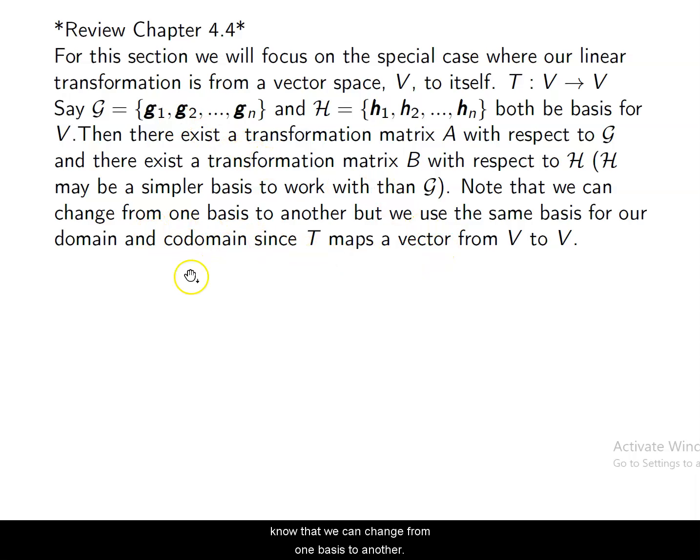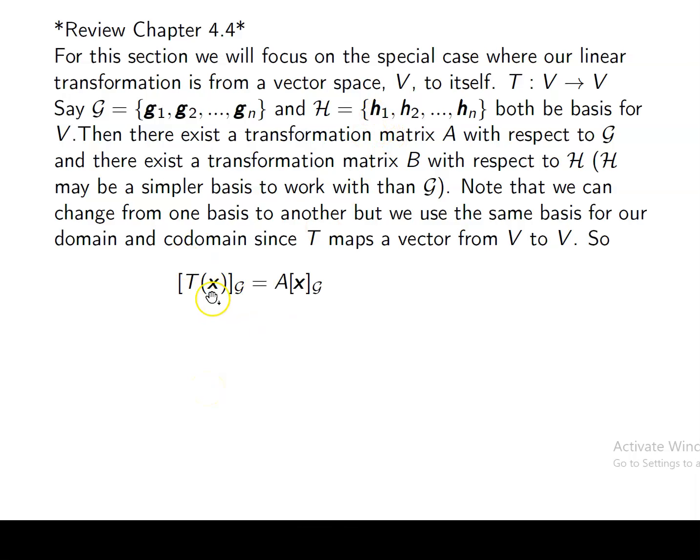So note that we can change from one basis to another, but we use the same basis for our domain and codomain since T maps a vector from V to V. We can either look at this transformation in terms of G to G or in terms of H to H, right?